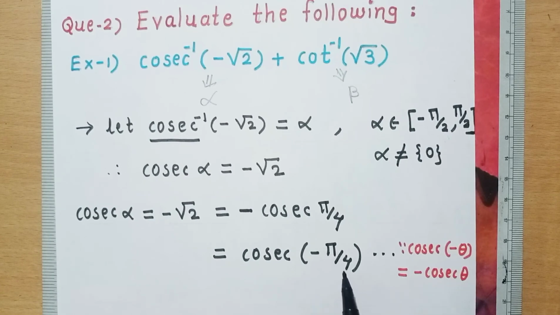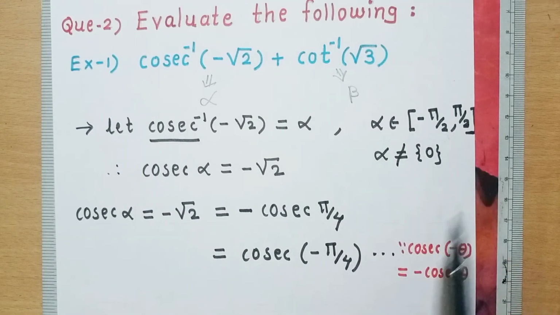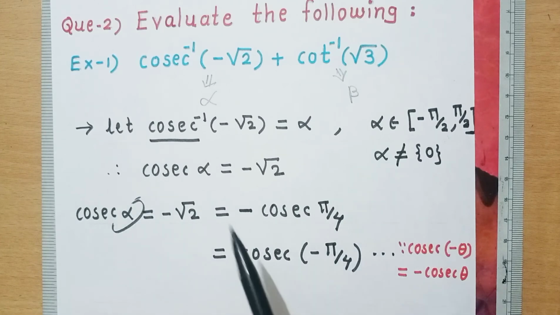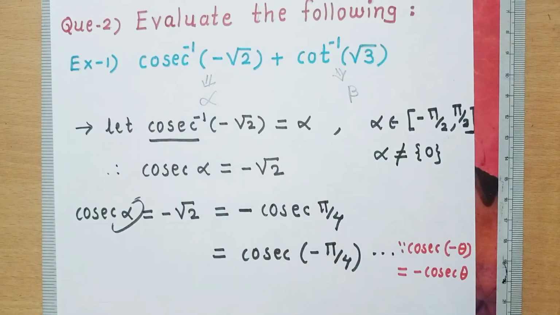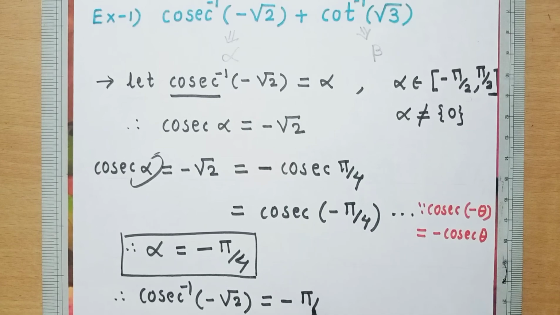Minus pi by 4, this angle lies between minus pi by 2 and plus pi by 2, and therefore alpha equal to minus pi by 4 is the principal value of the first function, and therefore cosec inverse of minus root 2 equals minus pi by 4. See, this is the first one.